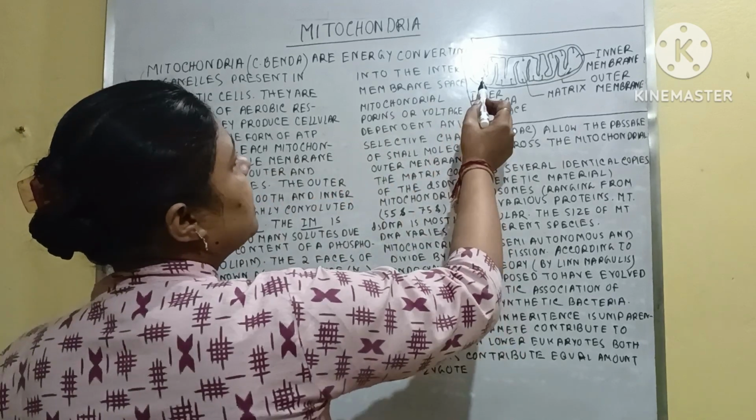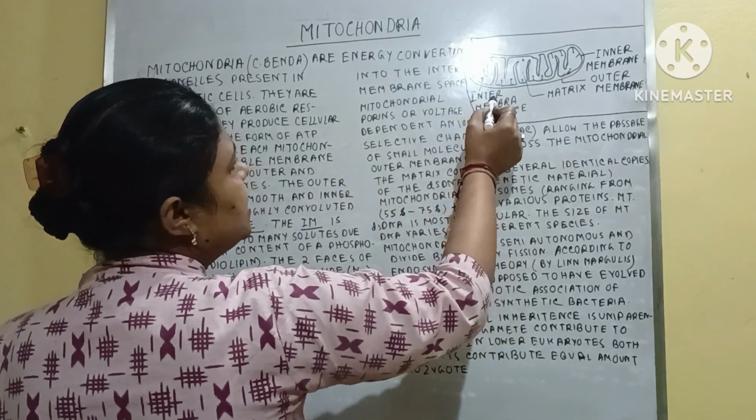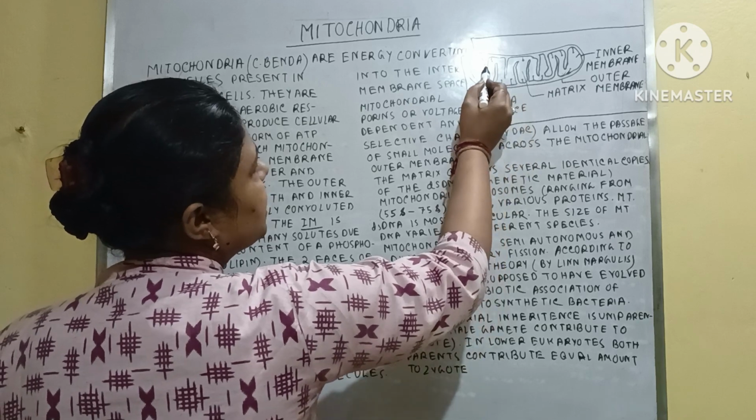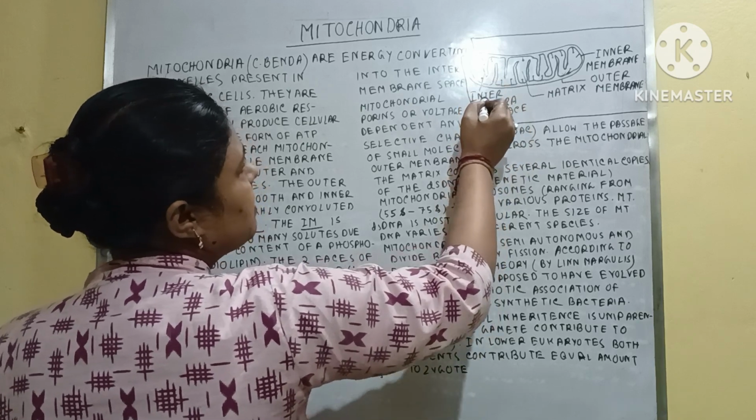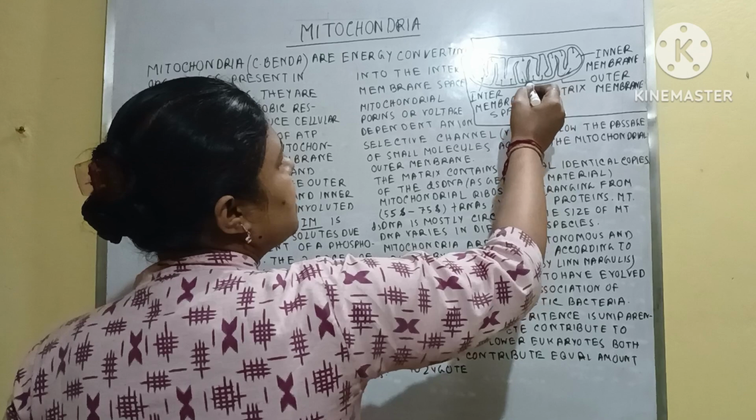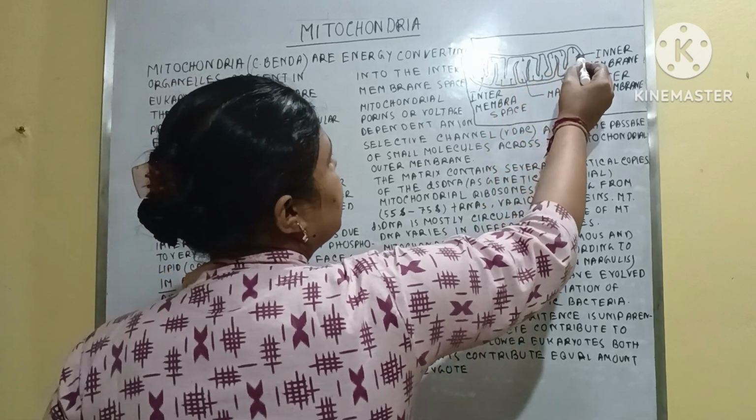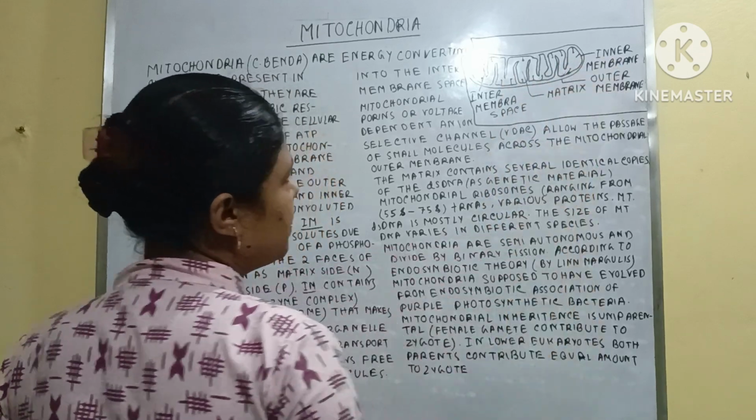This is the intermembrane space. This one is the matrix. This is the inner membrane and this is the outer membrane.